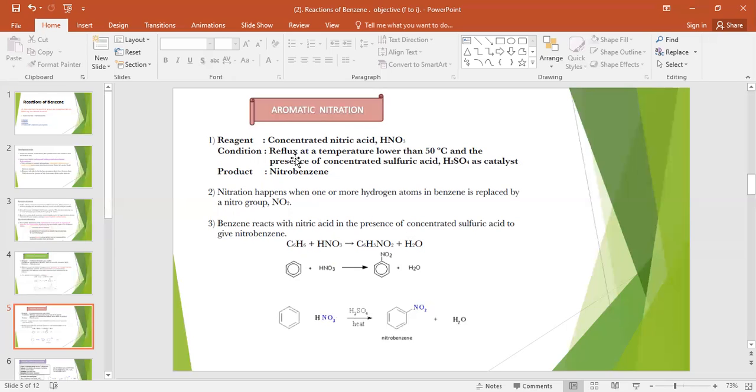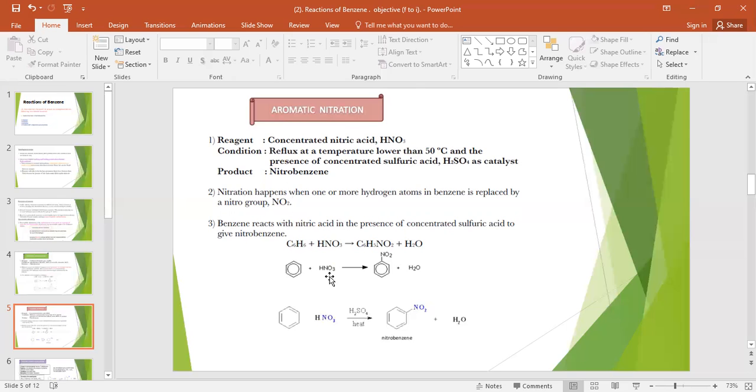Heating under reflux means to avoid evaporation. That's why we call it under reflux. From this nitric acid, during the chemical reaction, the nitronium ion is produced. Nitronium means NO2 plus. That is the electrophile for this reaction, for nitration, NO2 plus.